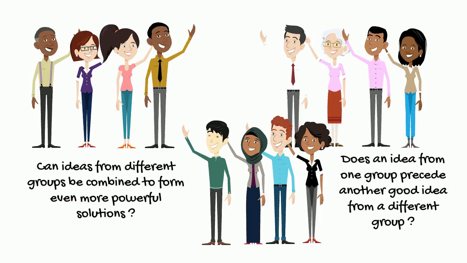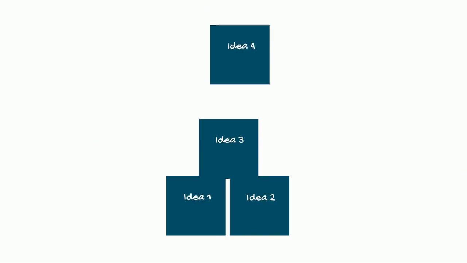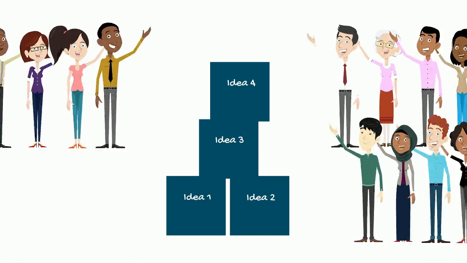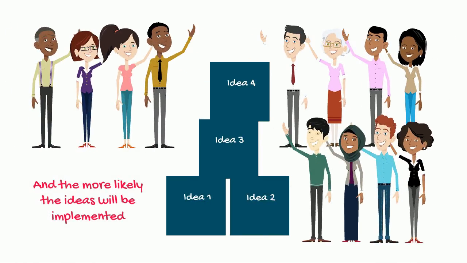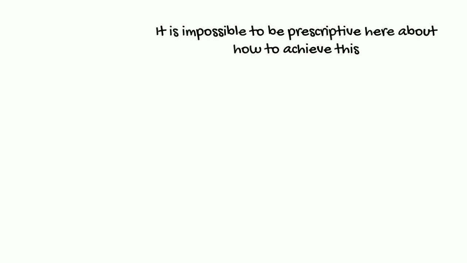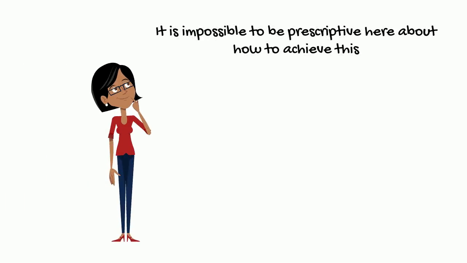Does an idea from one group precede another good idea from a different group? The more you can use ideas to build on one another, the more engaged all the members will be, and the more likely the ideas will be implemented. It is impossible to be prescriptive here about how to achieve this, so the facilitator will need to be creative in the moment to get the best results.